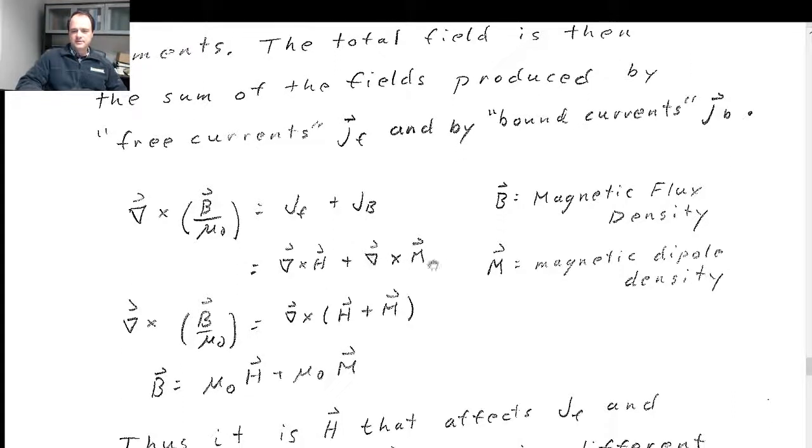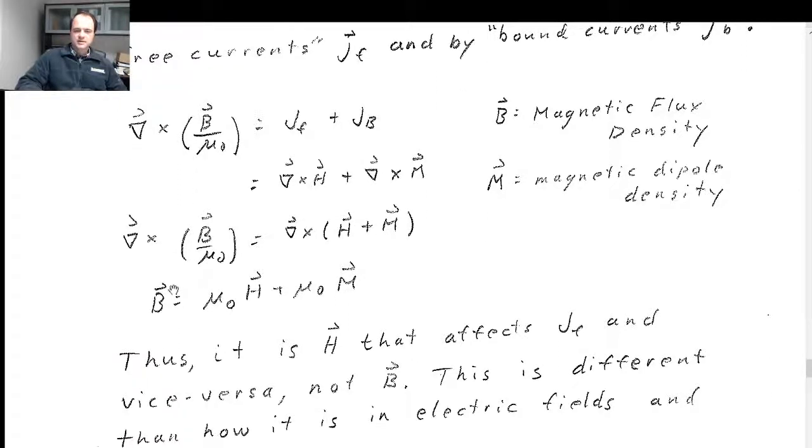With del in both terms, we take it out, and we have del cross of H plus M. Therefore B over mu naught must be equal to H plus M. We take the mu naught over, and we get the relation that B is equal to mu naught H plus mu naught M.